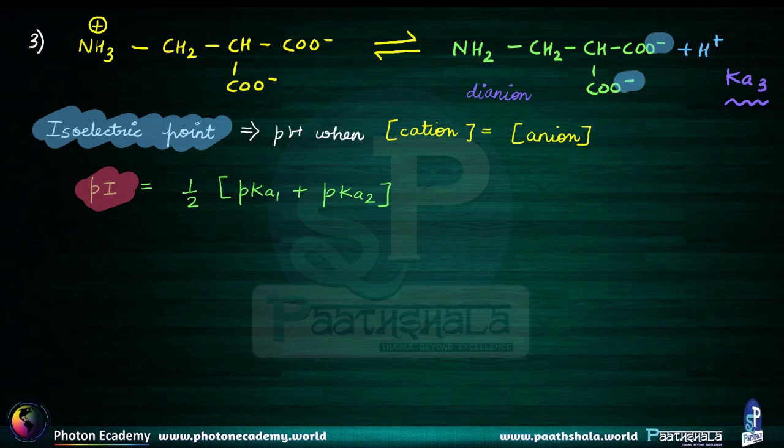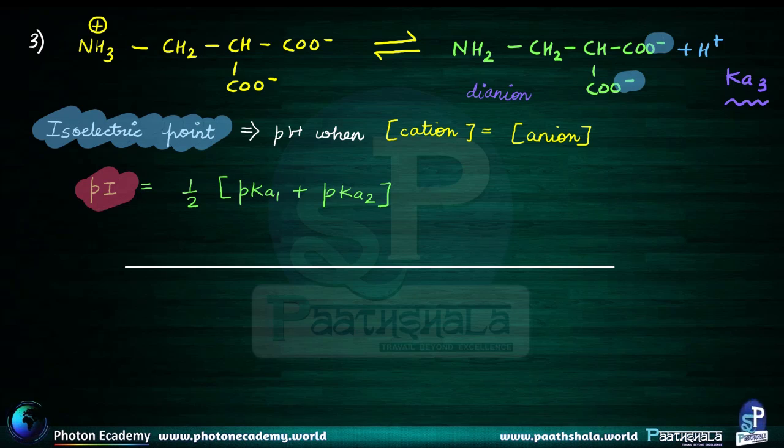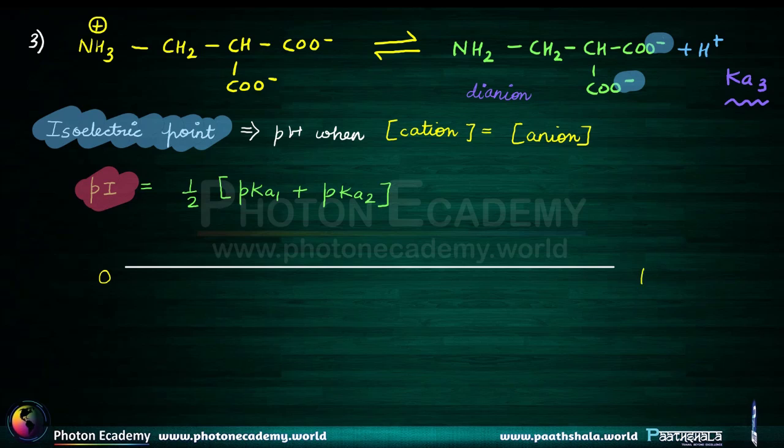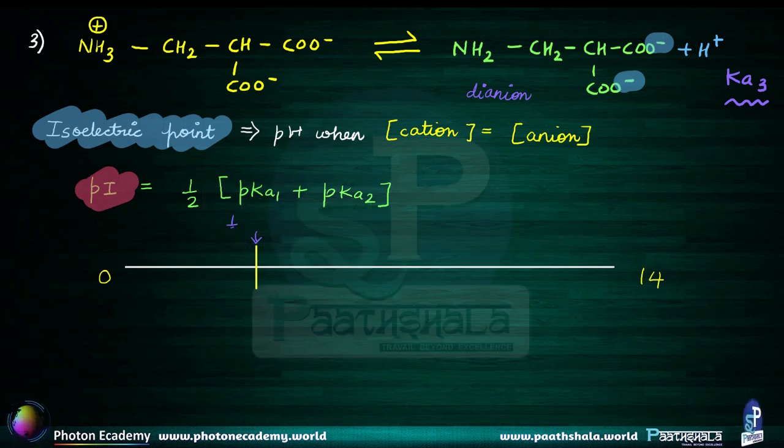Now, if we draw this, we are going to show the pH line again. At the two extremes, we have 0 and 14. Now say the Pi is over here. At this particular point, we have half of pKa1 plus pKa2.